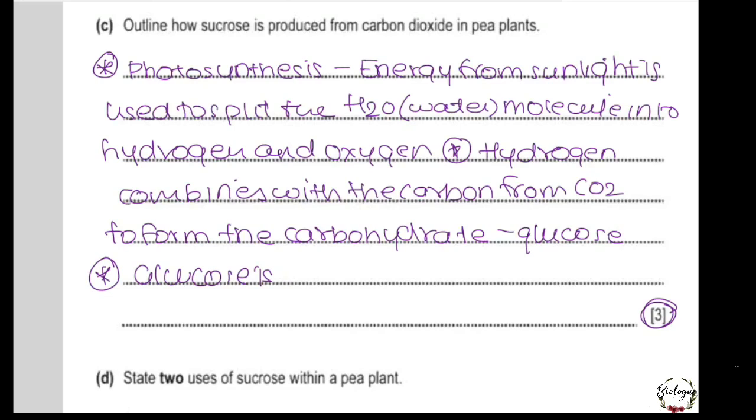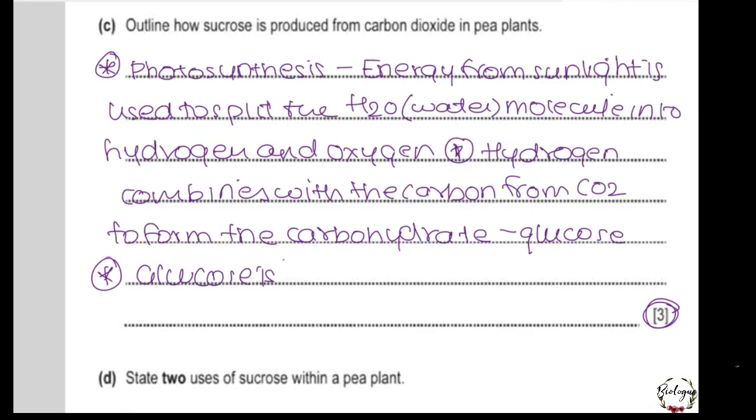Alright, third point, the glucose has to be converted to starch, sorry, not to starch, to sucrose. It's actually converted to starch for storage, but for transportation it is converted to sucrose. For transportation via the phloem.